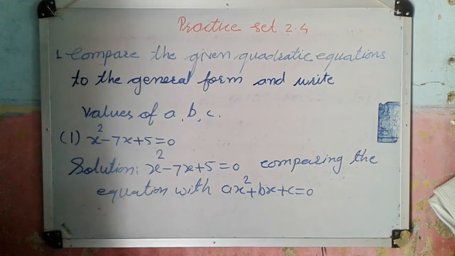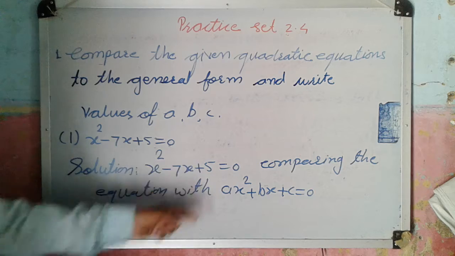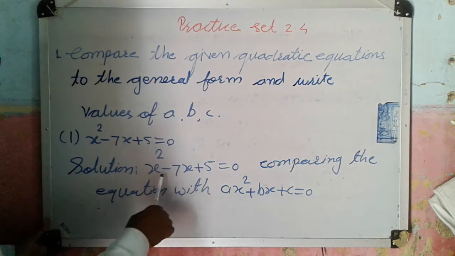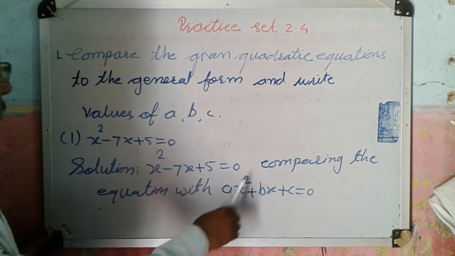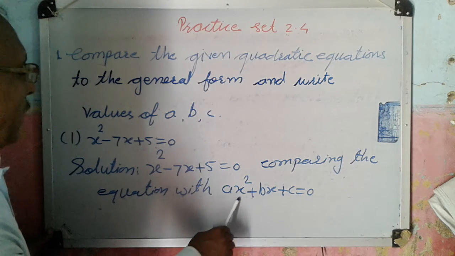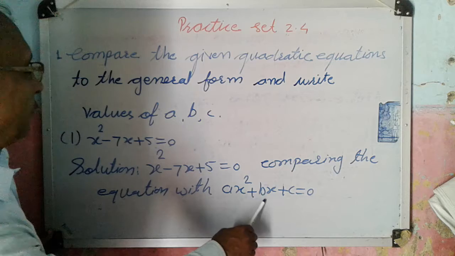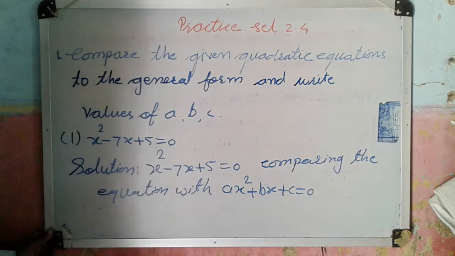This is general form. Now if you compare this equation, this is the given equation x square minus 7x plus 5 is equal to 0. And this is the general form of quadratic equation. Ax square plus bx plus c is equal to 0.